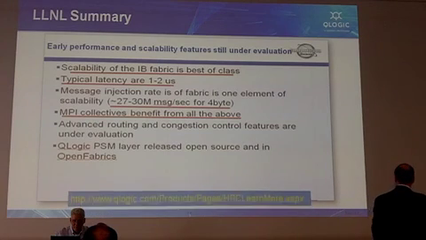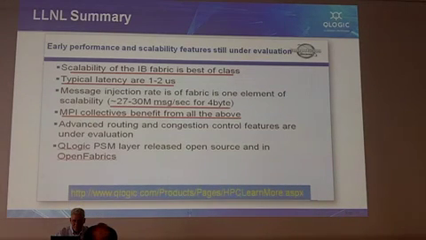But in general, all of these results were, in large part, a function of PSM being designed for MPI, PSM being very lightweight, and PSM being matched to how MPI really wants to communicate.